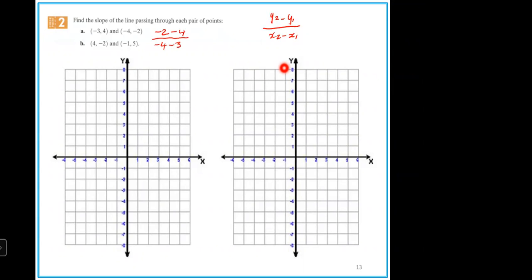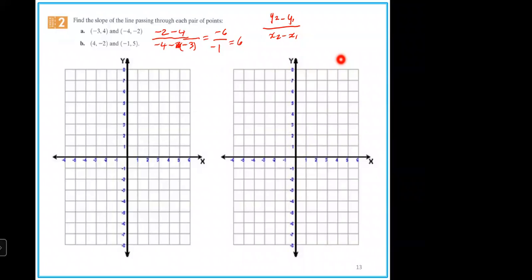Hold on, -4 minus 3 is -7, so... Okay, it gives me 6. Equal 6. Make it into 6. All right.